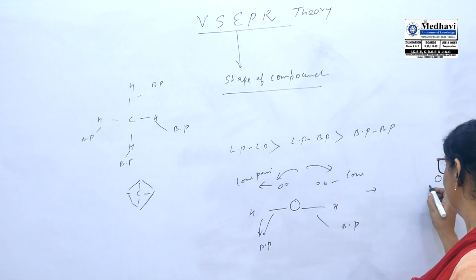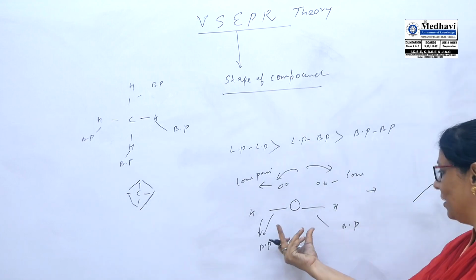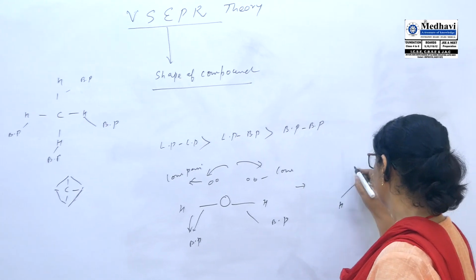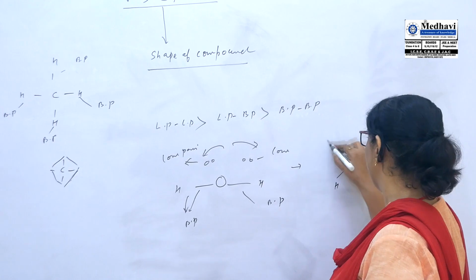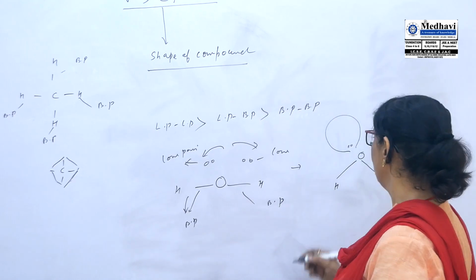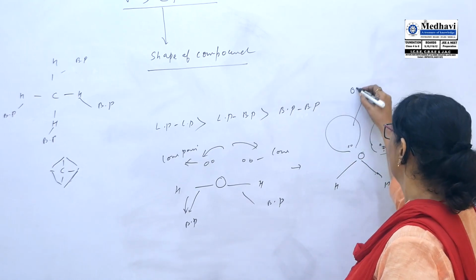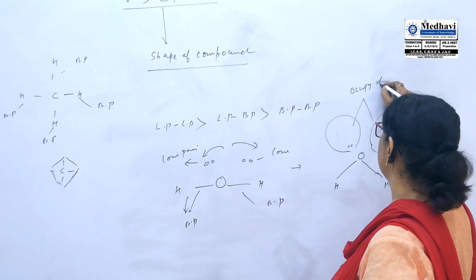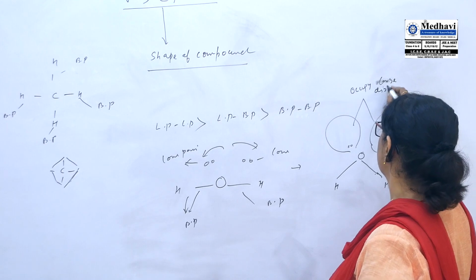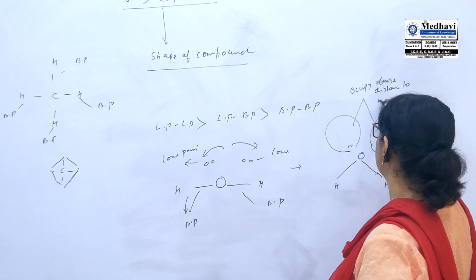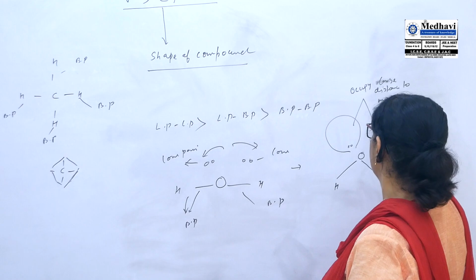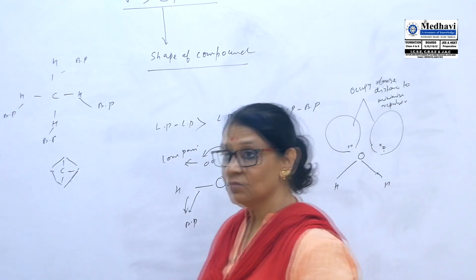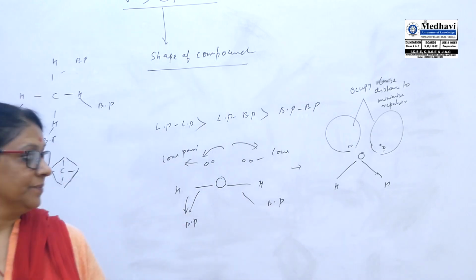The bonds come very close because bond pair repulsion is less. Electron pairs occupy large space to minimize repulsion, and lone pairs occupy large distance to minimize repulsion. So we can say that water has a bent shape.